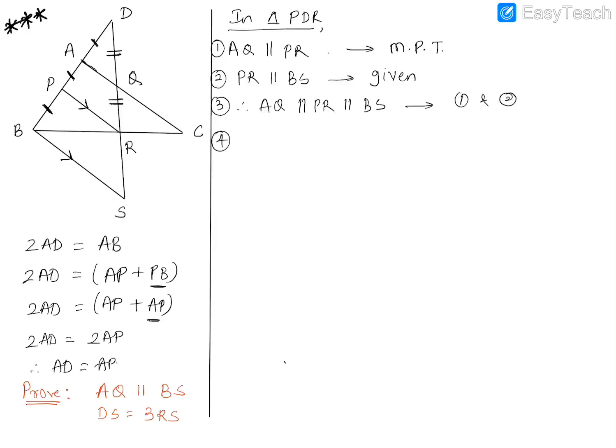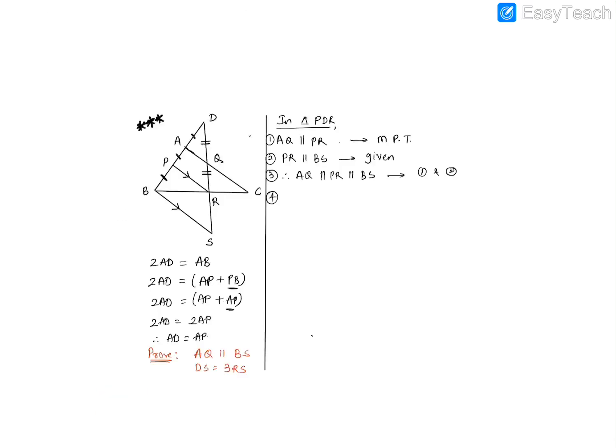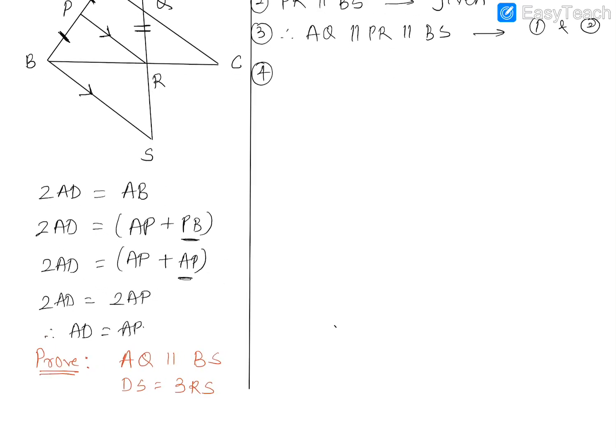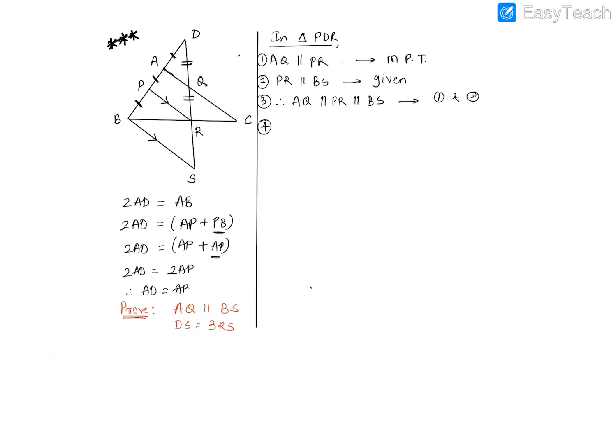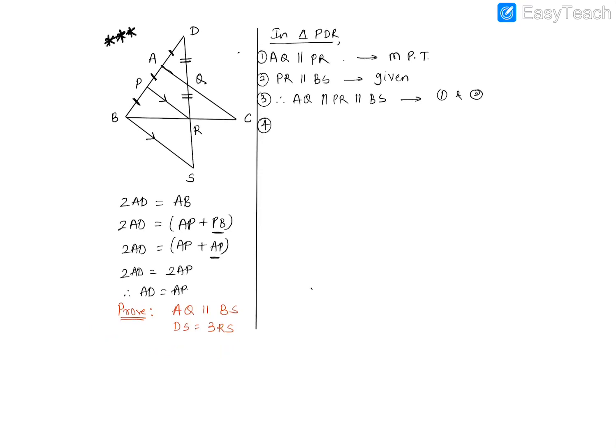So the first part is already proved, guys, that AQ is parallel to BS, from 3.